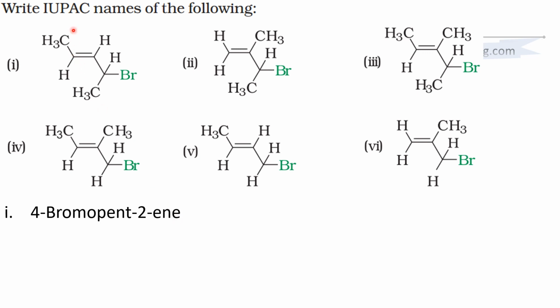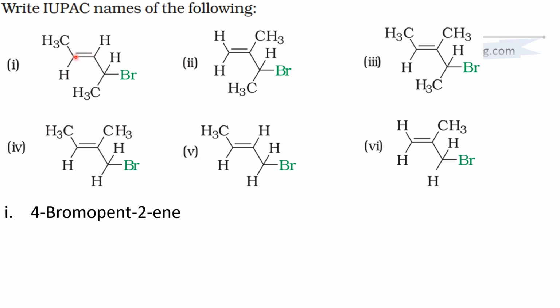Again, I am choosing the longest carbon chain. When I am choosing that, the double bond carbon from where it starts should get the lowest number. So if I start here, this carbon will get the number 2. Whereas if I start from here, the carbon where the double bond starts is this one, and it will get the number 3.